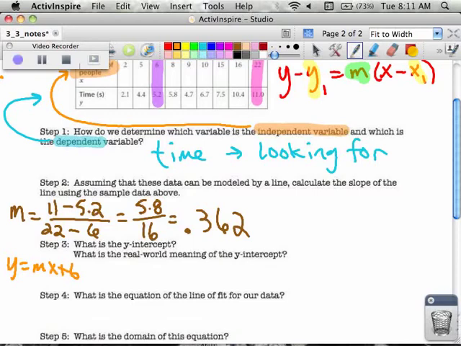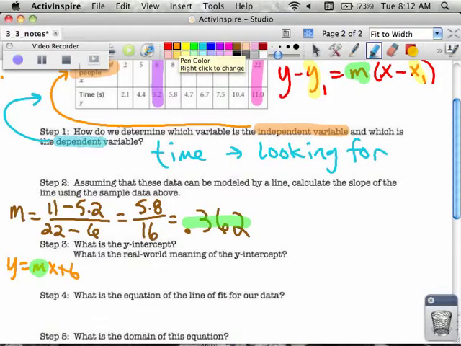So I found my slope. That slope, 0.362, is the m value. And I can pick any point from the table to find the b. So I'll pick maybe the first one in purple, since we've already used it, plug in the numbers, and see what the b is.